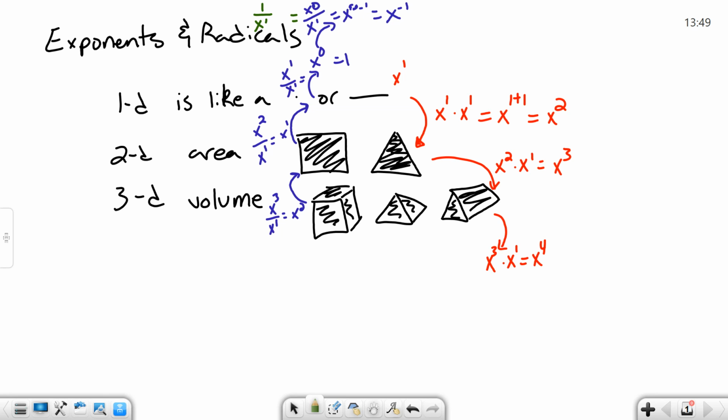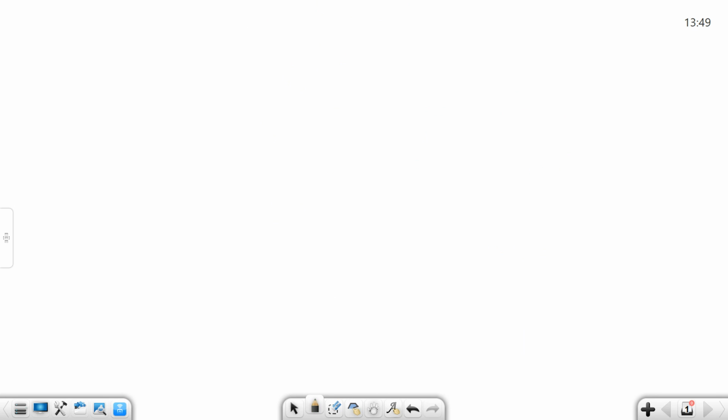The cool thing is that this pattern works for any base. It doesn't have to be x, and it doesn't have to be just looking at 3D physical shapes. It doesn't have to be looking at area or even lines and points. We can look at anything. Consider a base of B.